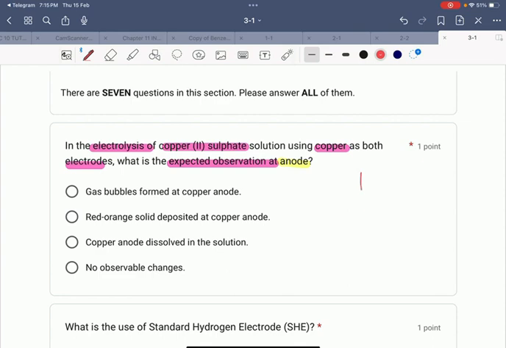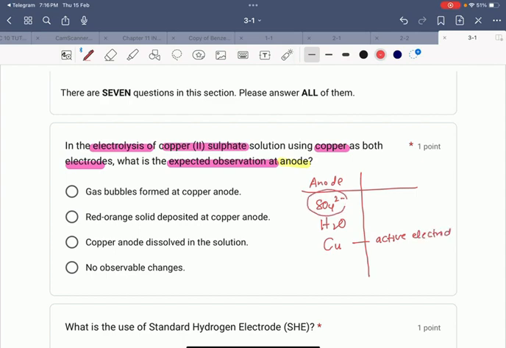So we look at the species at the anode here. At the anode we have anions. Okay, we have sulfate 2 minus, we have H2O, and we have copper as an active electrode.